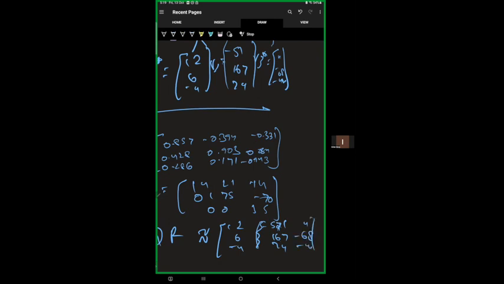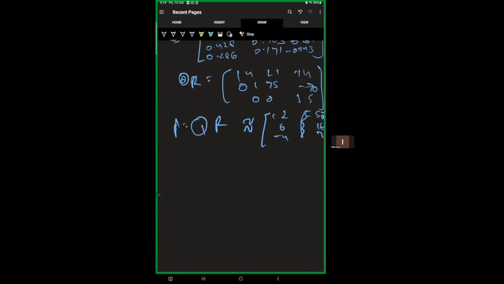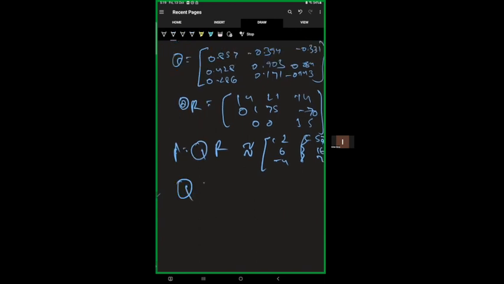Here it is to be noted that when we calculate 175Q, we do not get ugly fractions or decimals.